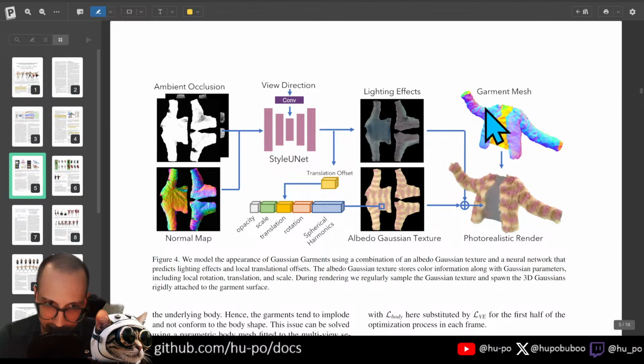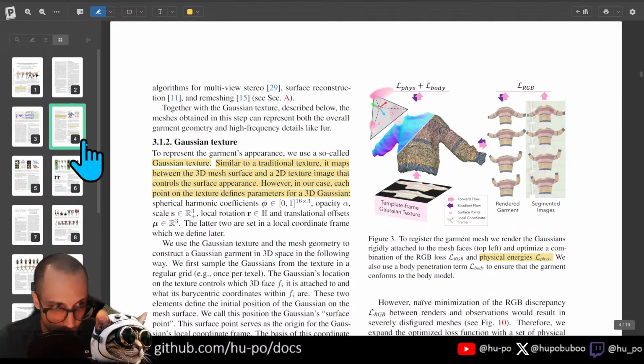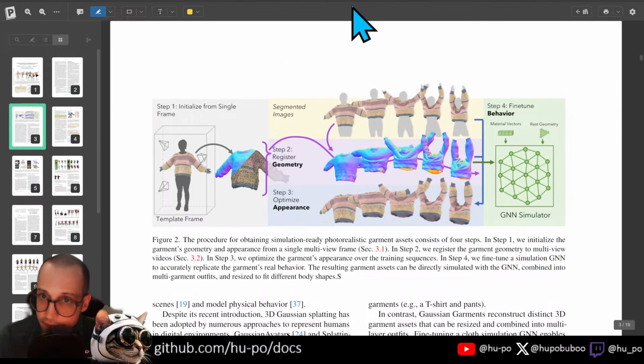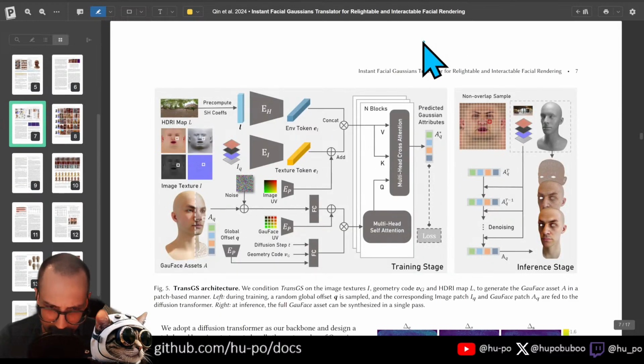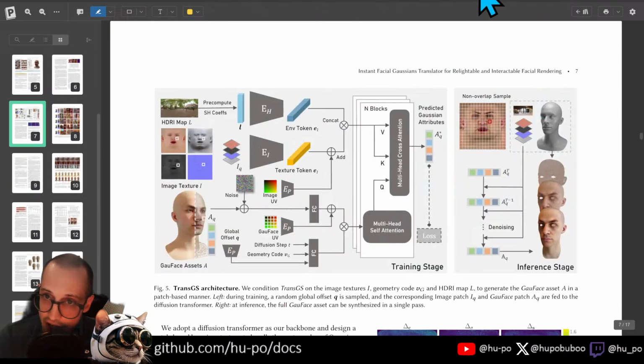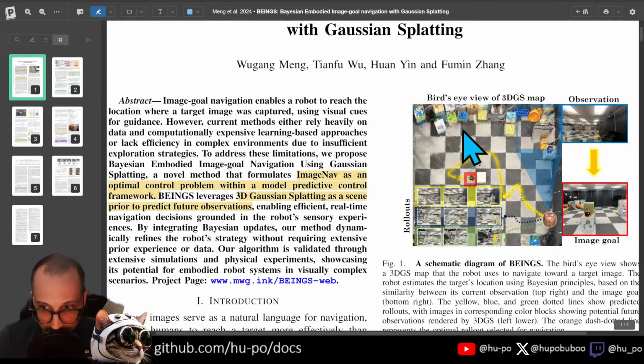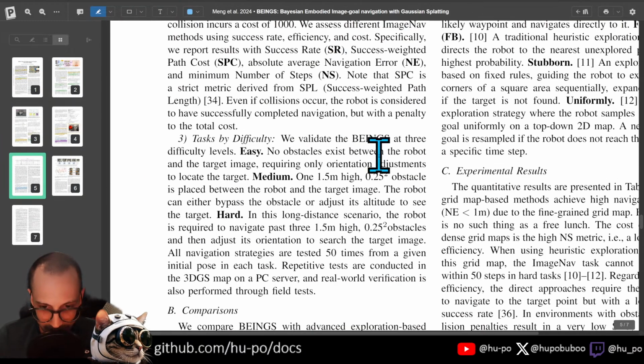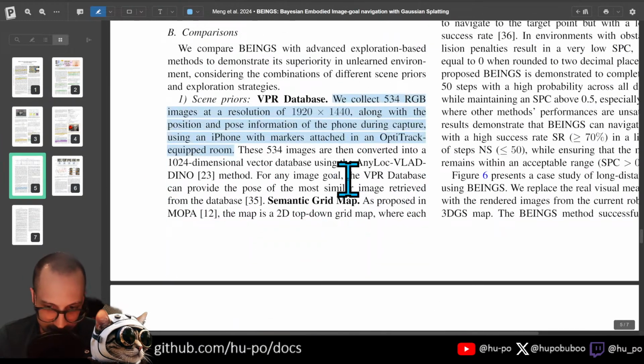There needs to be a way to create this clothing without having the initial starting point. That's my problem with these two papers, is they start from these kind of overly complicated setups that nobody has, right? You want to get to the point where it's kind of like this one, where you can create a physics-enabled Gaussian splat clothing from an iPhone video, right? That's not what they're doing here.